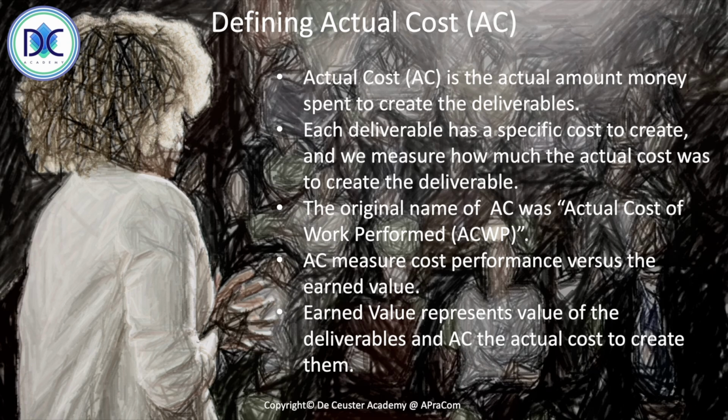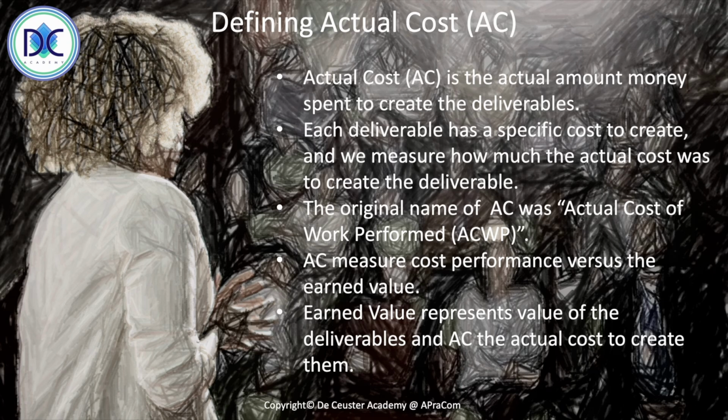For example, we can say we earn a value of 1,000 euro, but our cost to create that value was 1,200 euros. So when we compare the actual cost with the earned value, we can see the financial efficiency of the work that we are doing. It's very important to compare those to evaluate the relationship between the earned value and the actual cost.